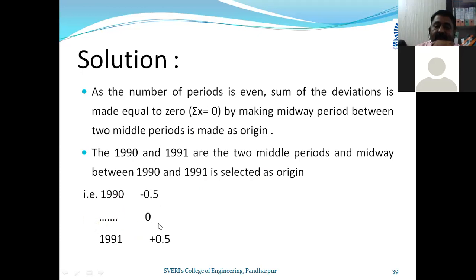If I take 0 here, then 1990 will be -0.5, because the exact midpoint will be 1990.5. So here 1990.5 I am taking as the midpoint and origin, and from that point I am assuming 0, and from that I am writing the deviation. From 1990.5, if I go to the upper side, 1990, 1989, the deviation will become -0.5, -1.5, -2.5, and on the other side it will be plus 0.5, plus 1.5, plus 2.5.